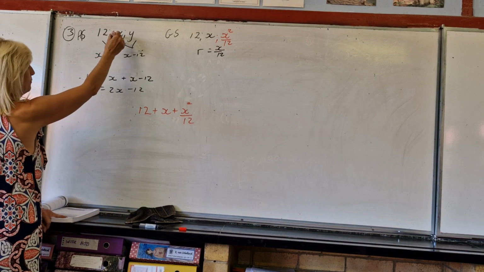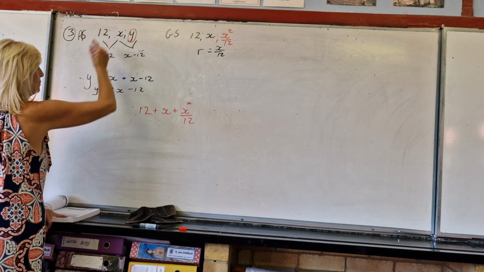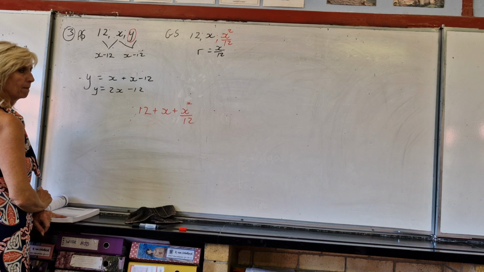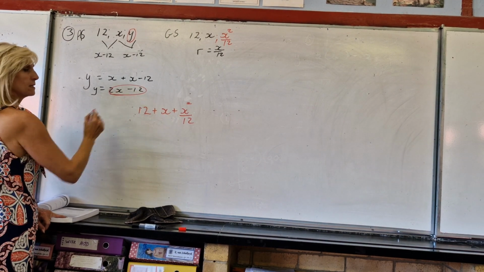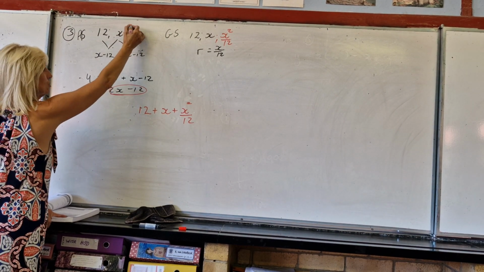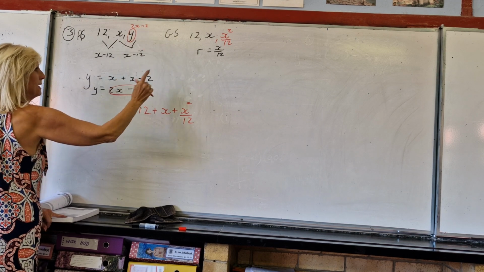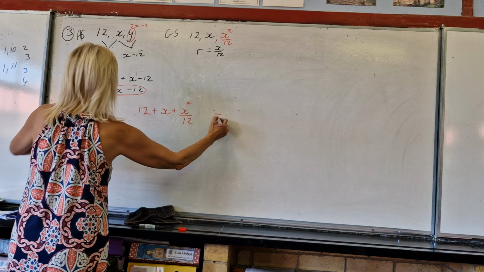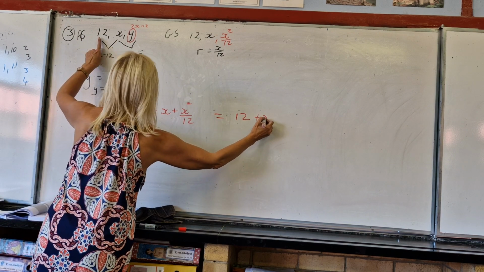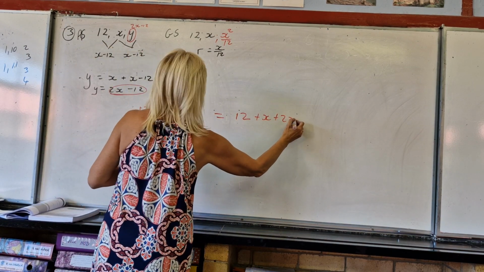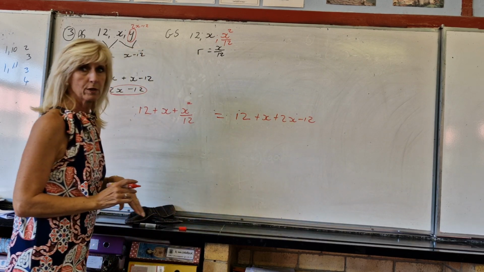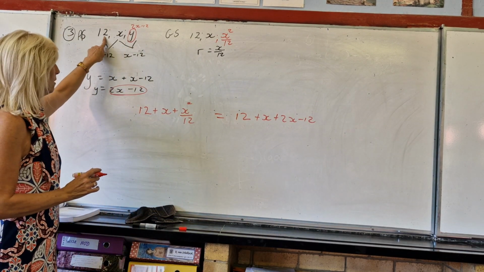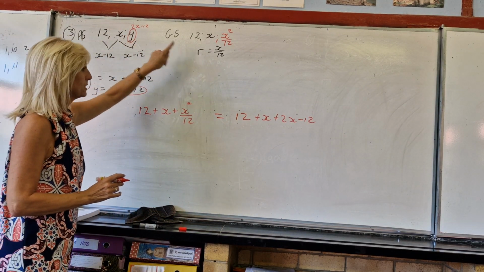Now I'm going to substitute this y with 2x minus 12. The sum of those three is 3 more than the sum of these three: 12 and x and 2x minus 12. Are you with me? 12 plus x plus 2x minus 12.